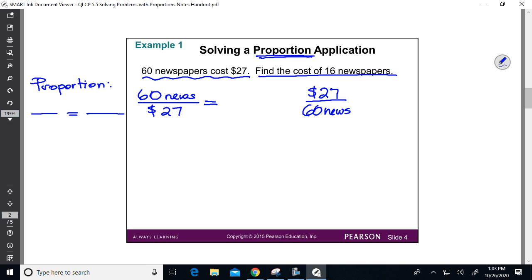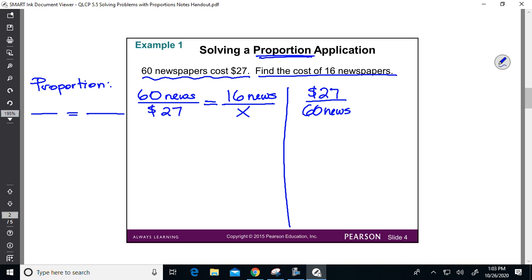Find the cost of 16 newspapers. So in this case, you have to figure out how much 16 newspapers cost. 16 goes at the top, X goes at the bottom, because you don't know how much it costs. So that's one way to set up your problem.